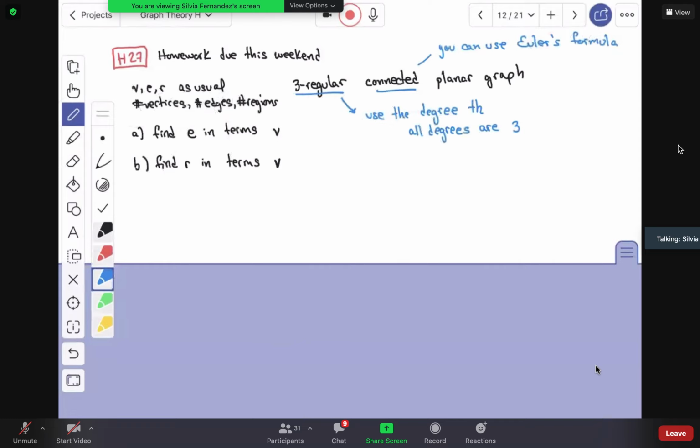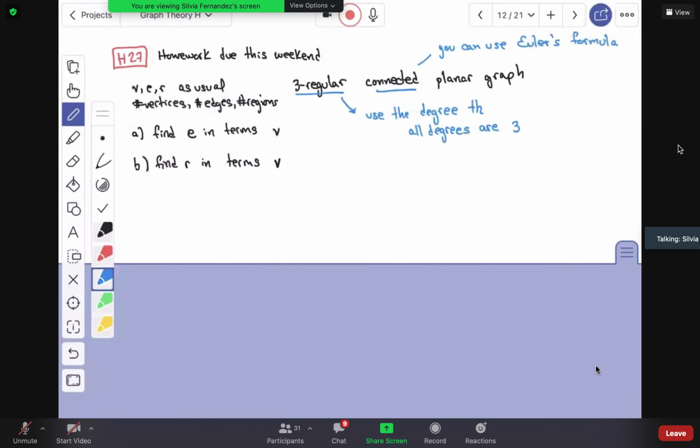So you add all degrees. How many of those do you have? V, right? Because you have V vertices. We don't know a number, but we call the number of vertices V. So you add 3 plus 3 plus 3 for as many vertices as you have, and that gives you the number of edges.